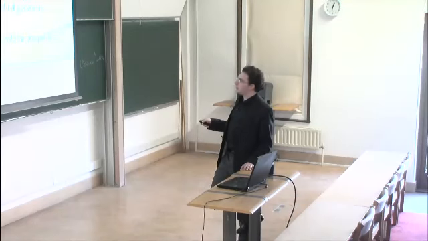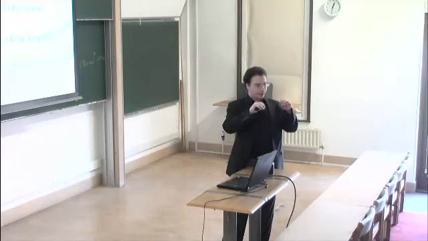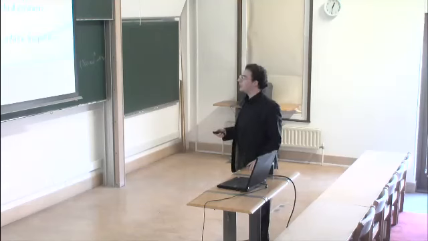And then you can try to cut knots out of the 3 manifold, which introduces flavor symmetries, and then you'll have a more interesting story involving F maximization. And of course, then the dual geometry is a little bit more complicated. It's like the story of the M5 branes and Riemann surfaces with punctures.